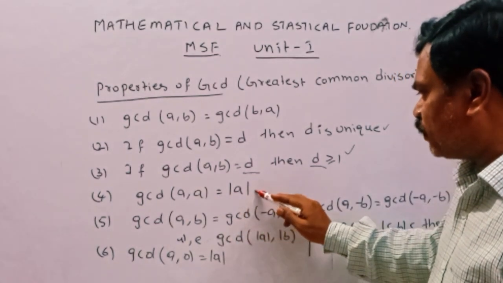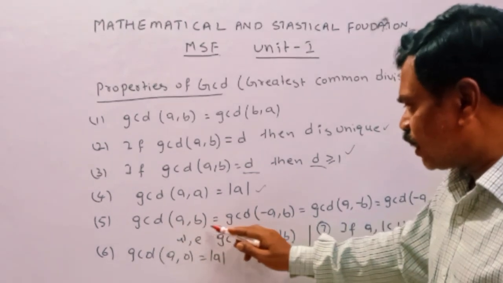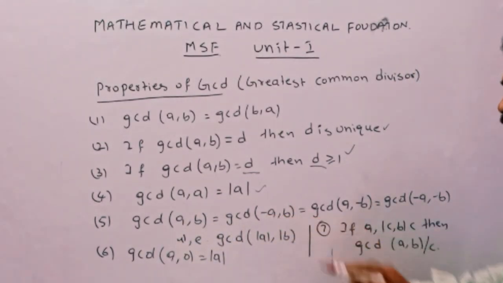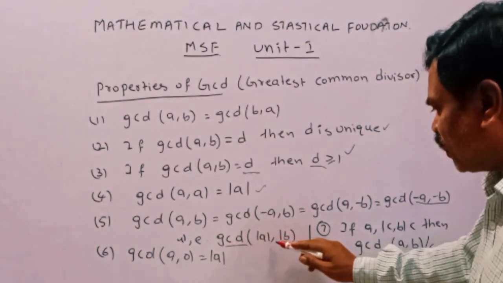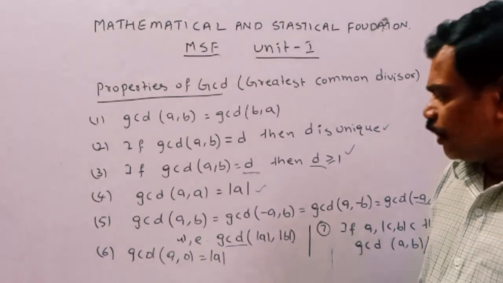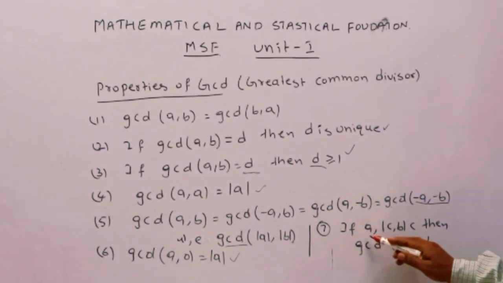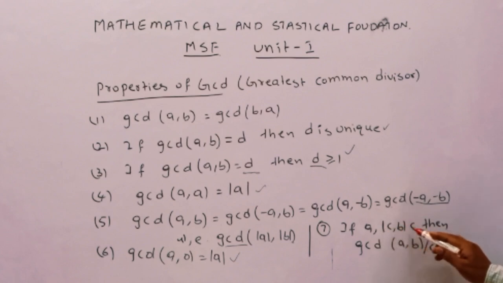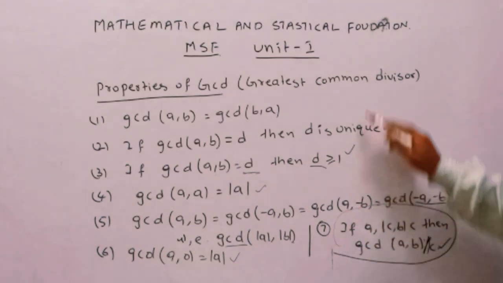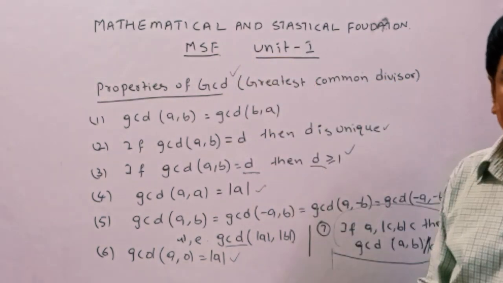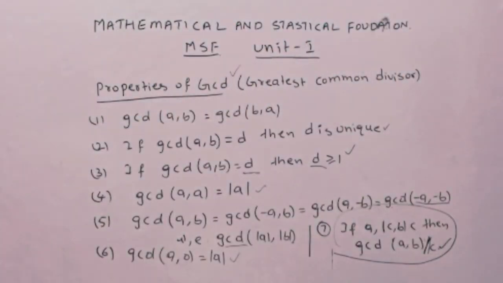GCD of A comma A is equal to modulus of A. GCD of A comma B is equal to GCD of minus A comma B, is equal to GCD of A comma minus B, is equal to GCD of minus A comma minus B, that is GCD of modulus of A comma modulus of B. And GCD of A comma 0 is equal to modulus of A. If A divides B times C and GCD of A comma B is 1, then A divides C. These are the 7 properties of GCD.